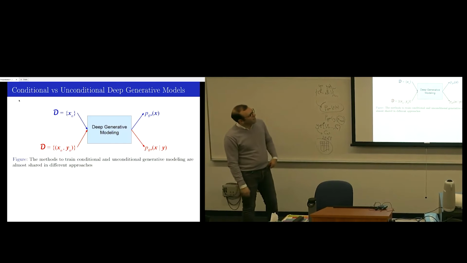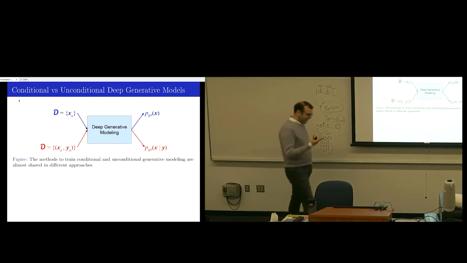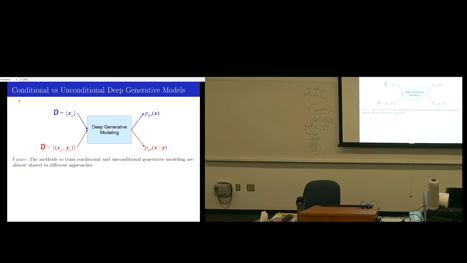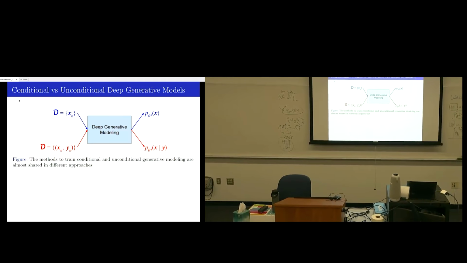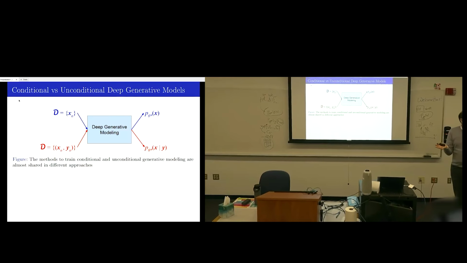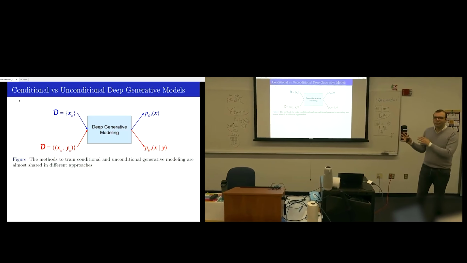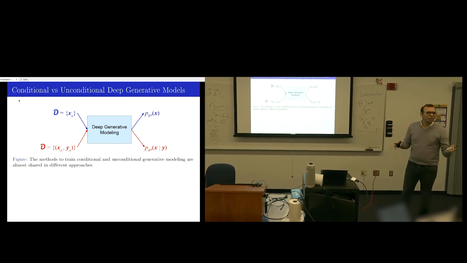A very important point is that although unconditional is similar to unsupervised and conditional is similar to supervised learning, the framework to train both of them is similar. It means that you can use the techniques for conditional generative modeling for unconditional modeling too. How?